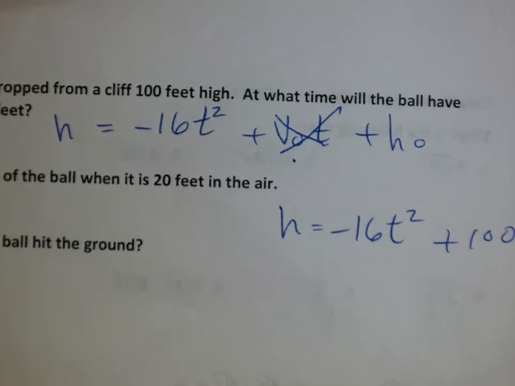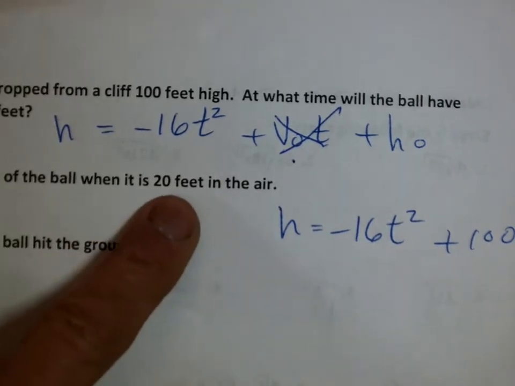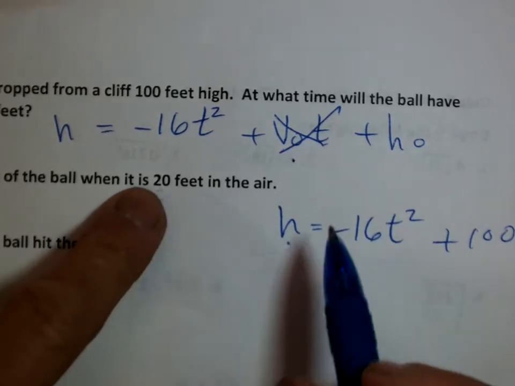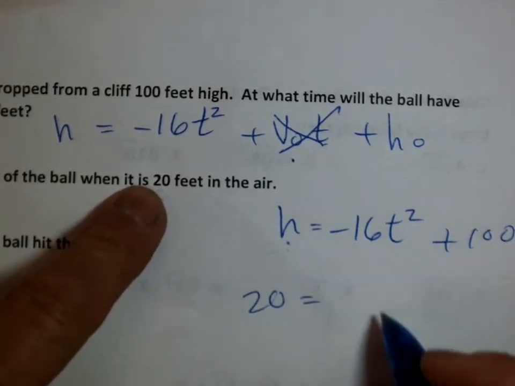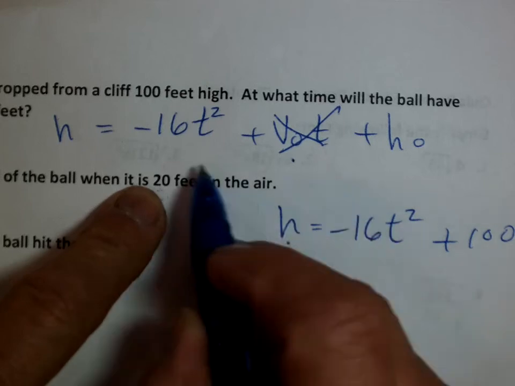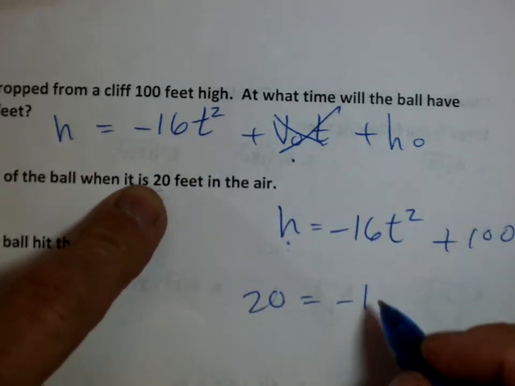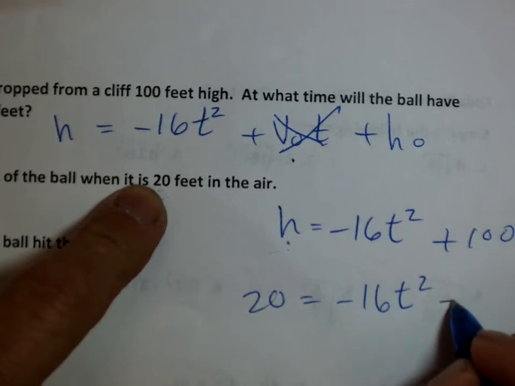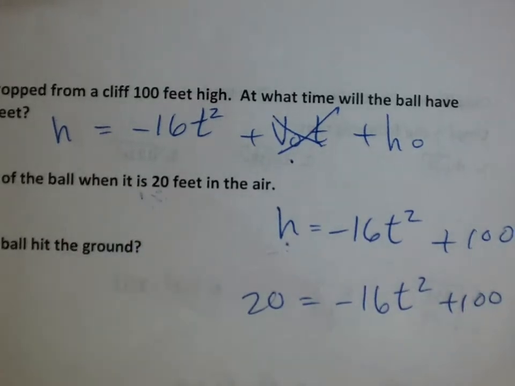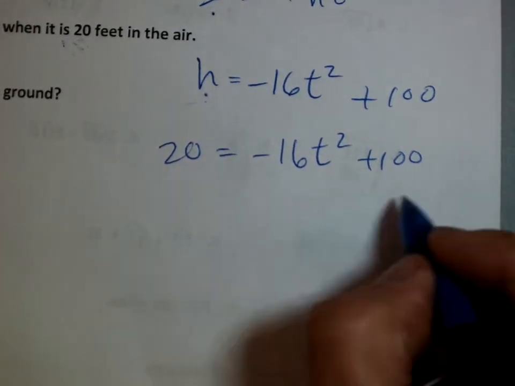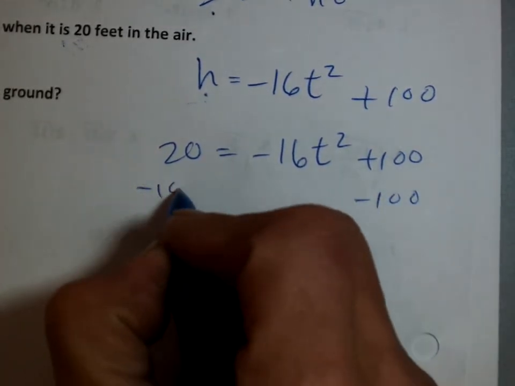Will this come out with a square root answer? Yes. Okay. Now, find the ball when its height is 20. Well, h, that's height. Let's put 20 right there. 20 equals negative 16t squared plus 100. Okay, Hannah says let's solve, minus 100, minus 100.